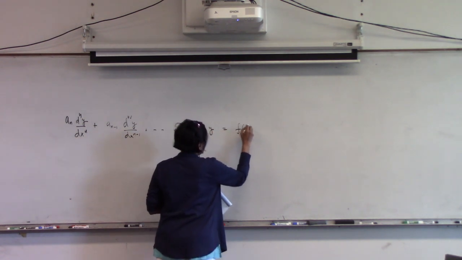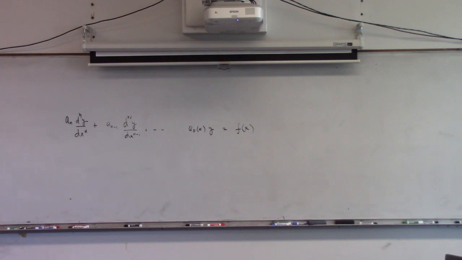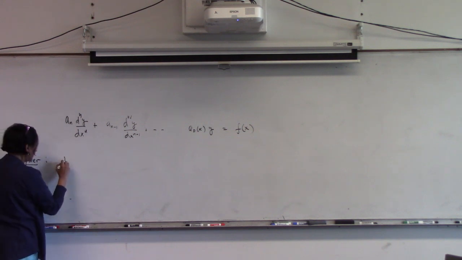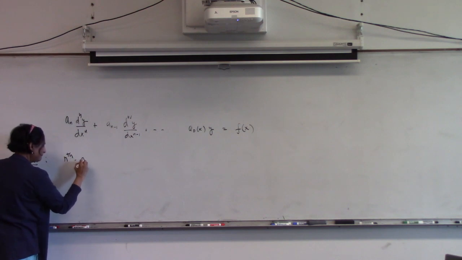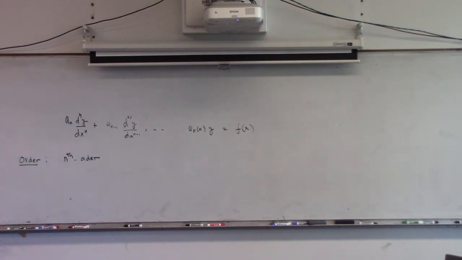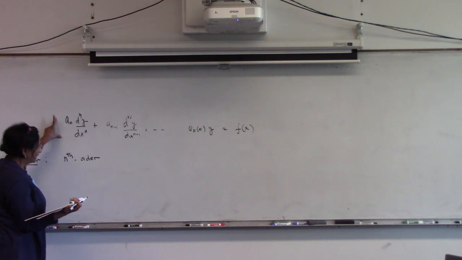The most general differential equation I can write is nth order. We need to know the definition of order. By order, what we mean is the highest derivative that comes. This is nth order because the highest derivative is nth order here. We have the nth derivative of y with respect to x.